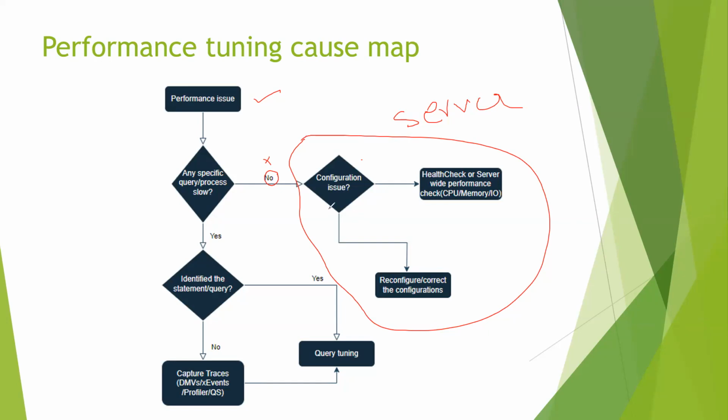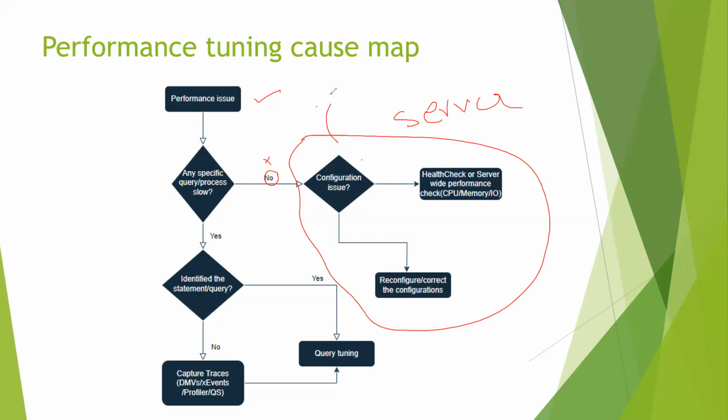For example, Tempdb is not properly configured as per recommendations, or some server-wide parameters or database-wide configurations, right? So if none of these configurations are properly set, it might lead to a performance issue.